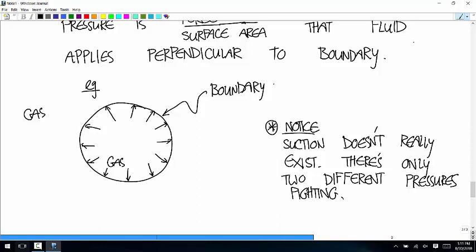So neither one of them is winning. But when you go up to 10,000 feet, the air on the inside can't get out. It's still at atmospheric pressure. The air on the outside is weaker now. The pressure is lower. And so now that battle is being won by the pressure on the inside, and the bag looks like it's inflated.